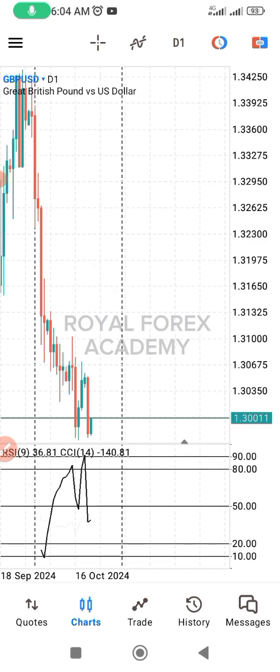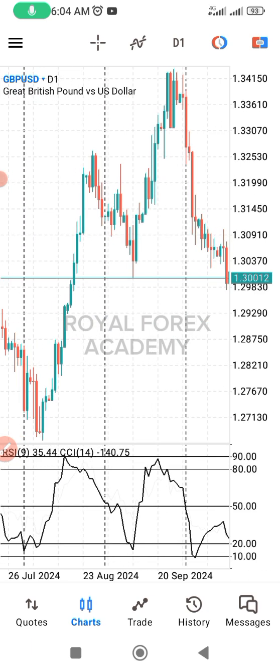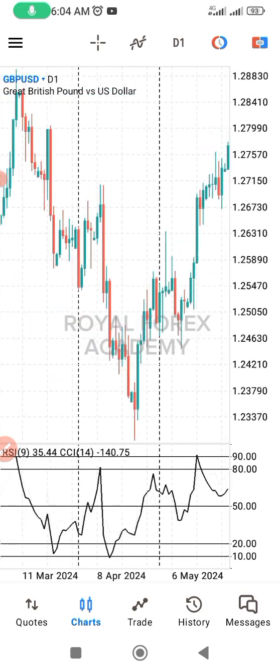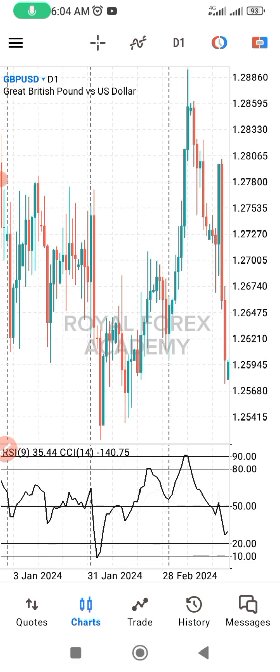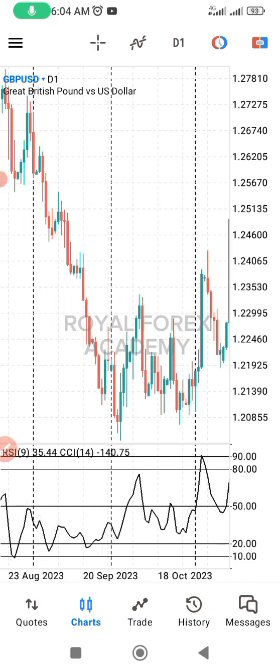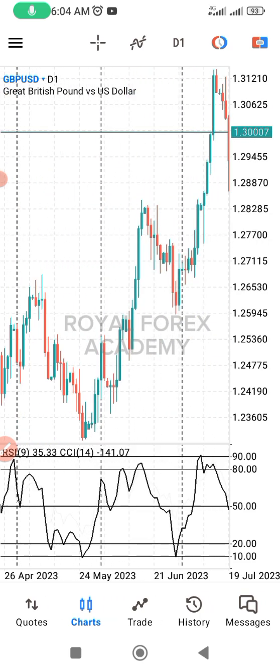So this is applicable on anything that has a chart. So it works. All you need to do is go to your chart, mark out your chart, find areas of divergence, and mark those zones out.